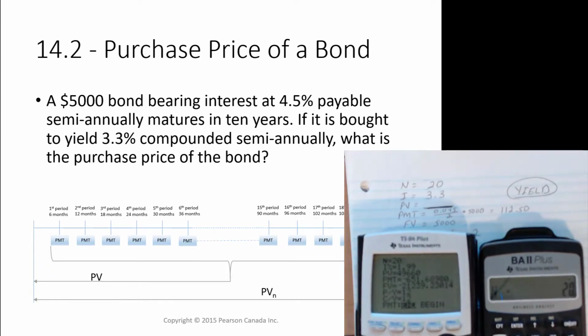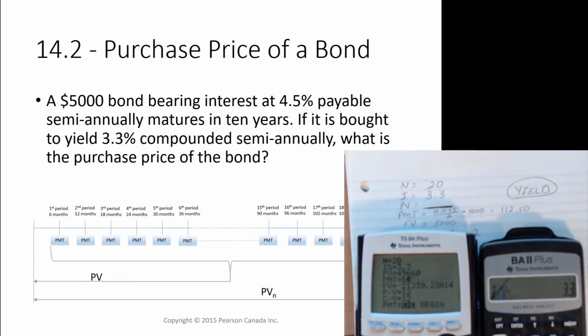The yield is my interest rate, so I go down to my interest rate, 3.3, and on the BA2 Plus, I punch 3.3 and push the I over Y. For the present value, I don't know what that is, so I'm just going to leave it as the old value. The payment is $112.50.